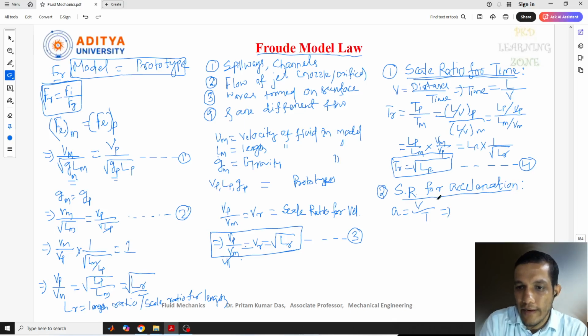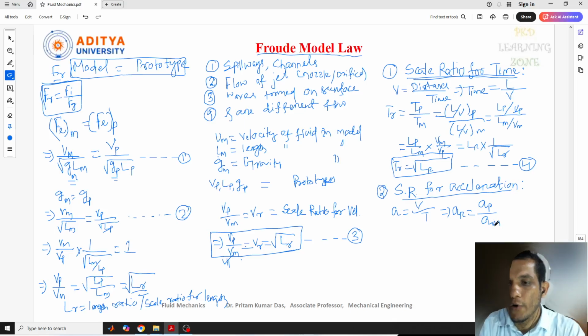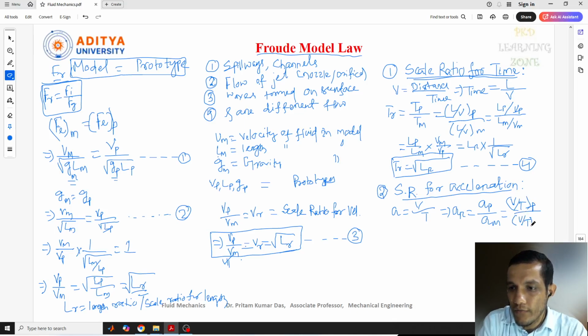Okay, let's write in ratio wise, like how we have written in the ratio. Same ratio we can write here, AR divided by AP, acceleration of the prototype to the acceleration of the model. Now again we need to find out acceleration of the prototype, what is the formula? Again, acceleration of the model, what is the formula? The same formula is there. So again we can write here V by T for the prototype, similarly V by T for the model.